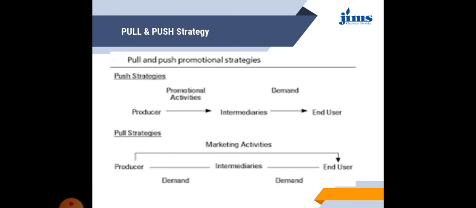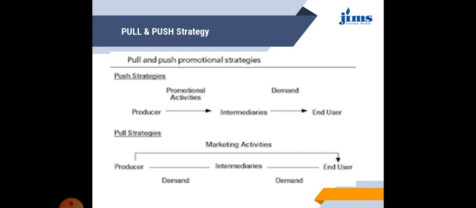On the contrary, when we talk about the pull strategy, it is just the opposite. Here the end user is pulling the product from the manufacturer by creating more and more demand. So here the consumer is creating demand, telling the intermediaries or the channels of distribution to bring more and more product in huge quantity, or that this new product should be brought, this is what we want next, this is what we like, right?